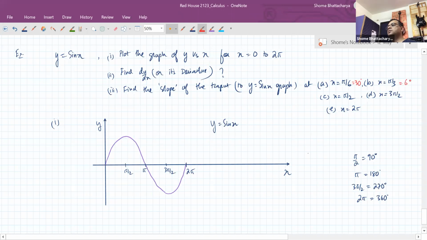Pi by 3 is the same as 60 degrees. 90, this is 270. This is 360. Let's also add pi. So we know that the graph of sin x, roughly speaking, looks something like this.